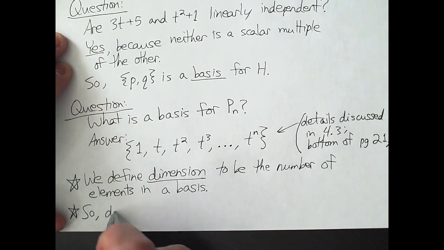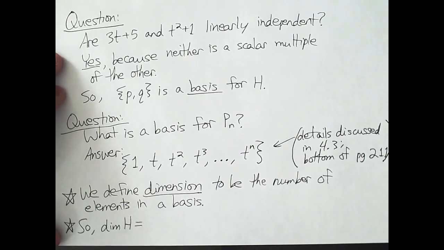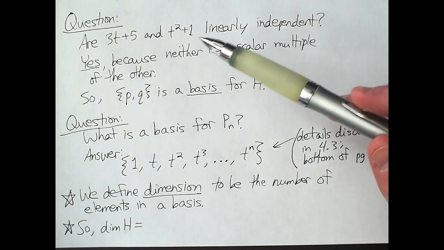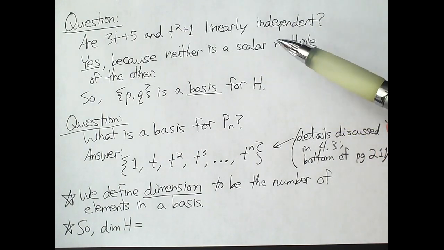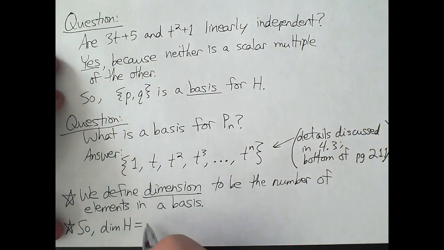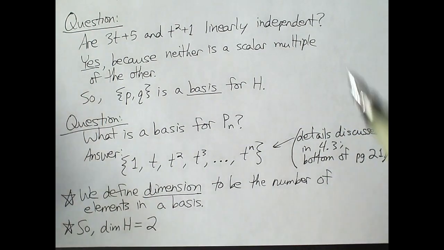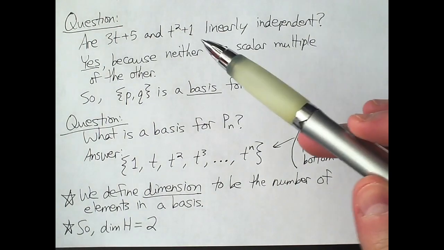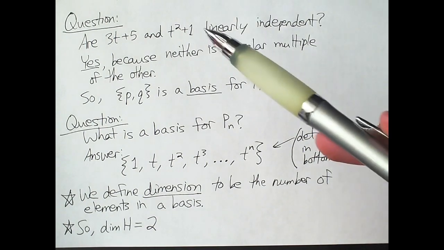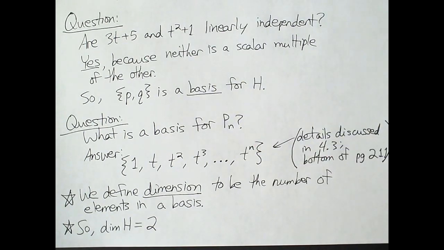So the dimension of H, when I said H, I'm still talking about this example above, which was the span of these two things, and we said that they were linearly independent and they form a basis for H. So the dimension of H is 2, because we demonstrated a basis that has 2 elements. There could be other ways to write a basis for that particular subspace, but we have those two as kind of our basis representatives.